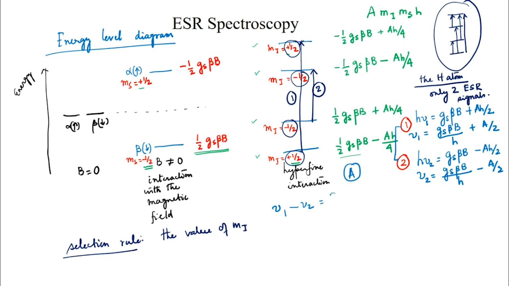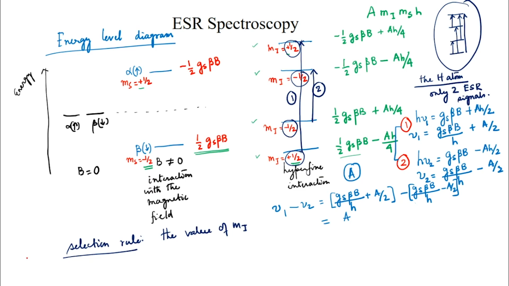What we get is G s beta b divided by h plus A by 2 minus G s beta b divided by h minus A by 2. If you do this difference, the G s beta b cancels out, and what we get is A. So, we can see that these two transitions are separated by A.